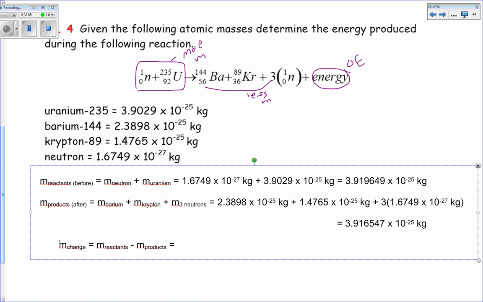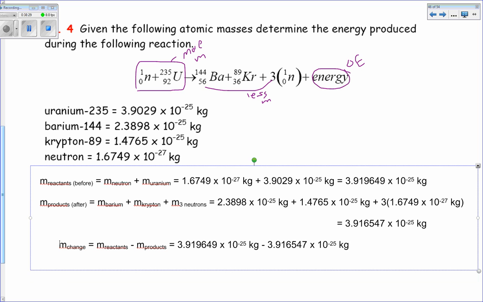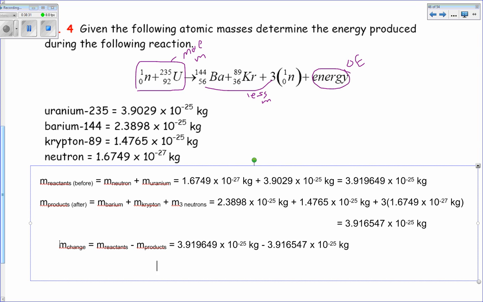Which is 3.919649 times 10 to the negative 25 kilograms minus 3.916547 times 10 to the negative 25 kilograms, which is equal to 3.102 times 10 to the negative 28.